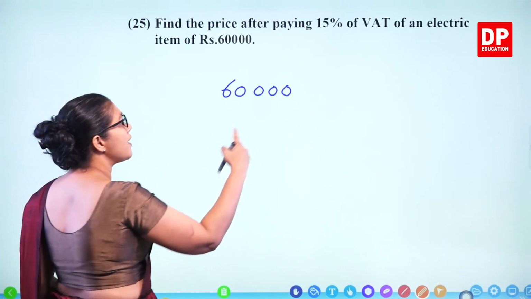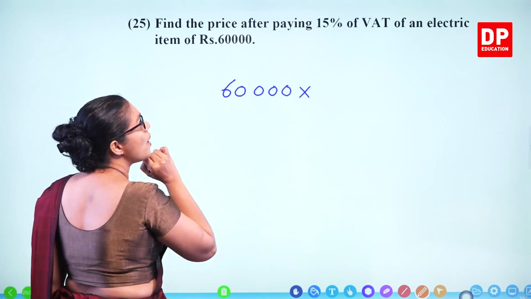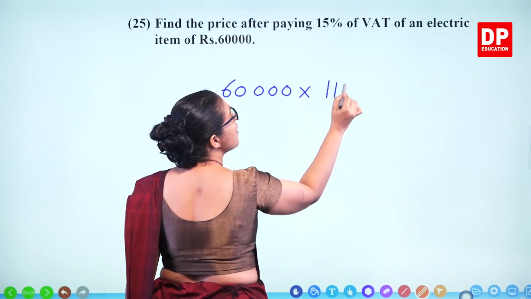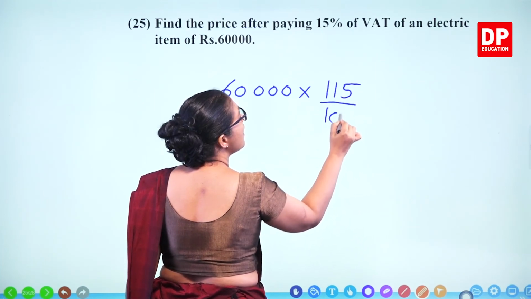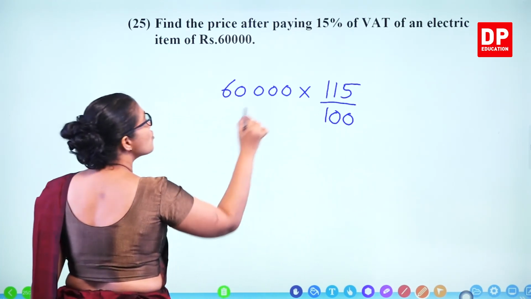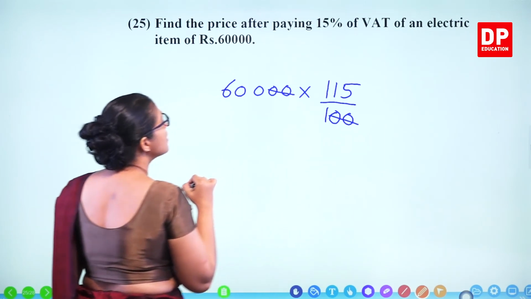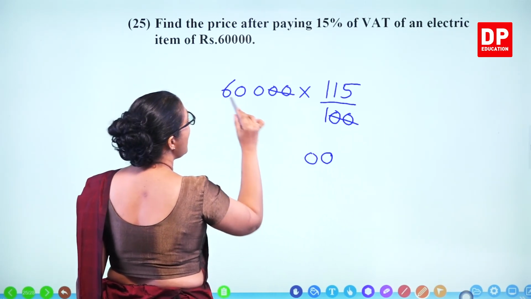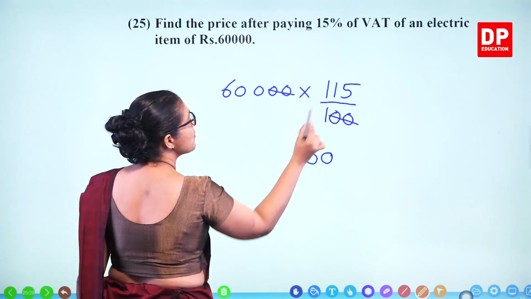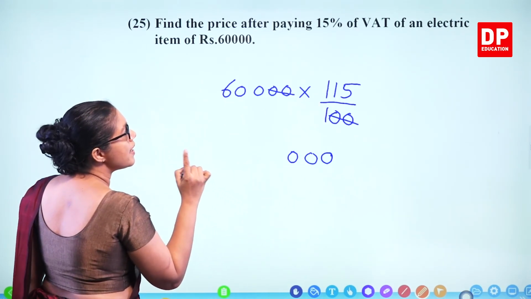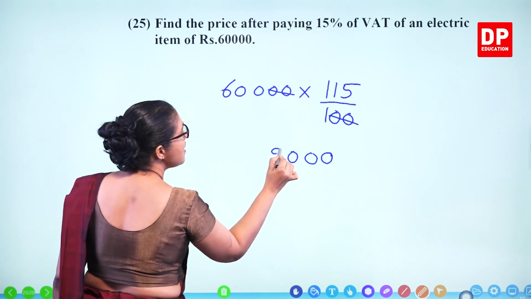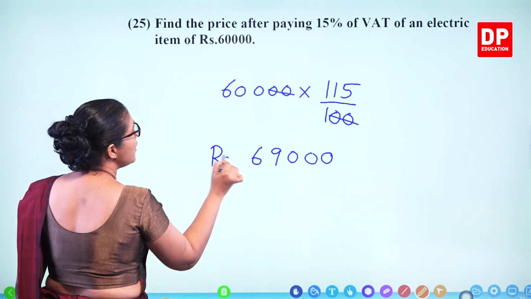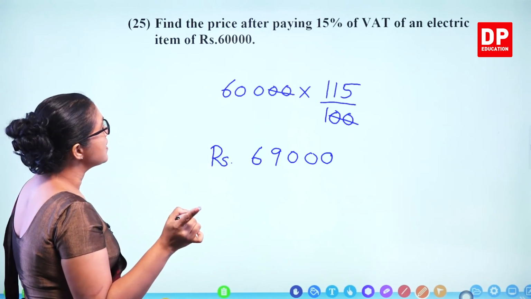So likewise, you add 100 to 15, 115, divide by 100. 2 zeros get cancelled out. You can multiply by 6. First put 2 zeros and multiply by 6. 6 times 5, 30, 3 remaining. 6 times 1, 6 plus 3, 9. 6 times 1, 6. So this is the value with the VAT.